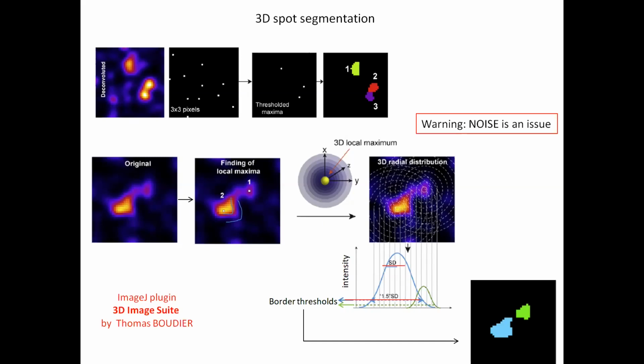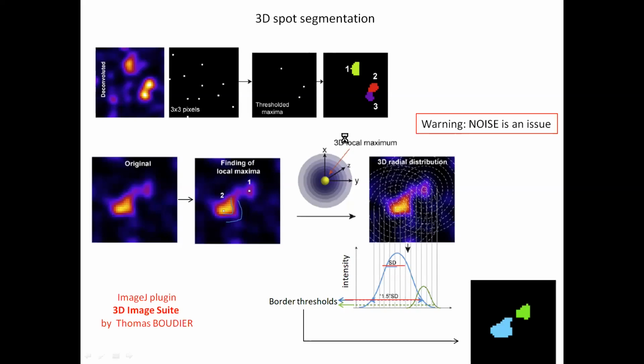Depending on your signal to noise ratio, maybe the noise is lower in intensity than the signal, so you can simply use a threshold, as we said, but it may be a good idea to filter the noise out before you go for such local maxima detection. And actually, in the 3D plugin we present to you today, there is a Maxima Finder that includes a noise parameter, isn't it, Thomas?